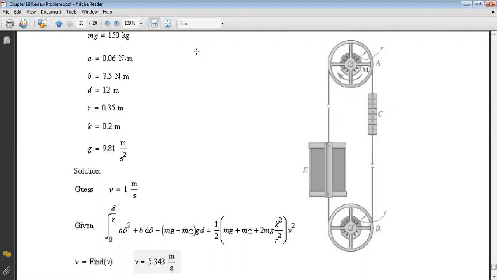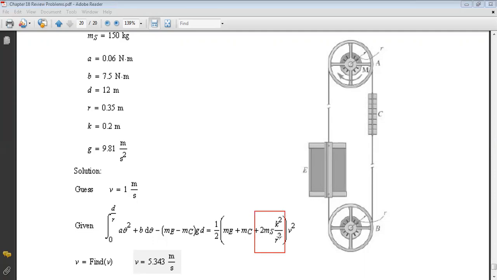Because what is v square over r square? It's omega square. So you have 2 times the mass of the pulleys, which are spinning, times k, the radius of gyration square, times omega square. It's like I omega square, because what is I of each pulley? It's ms k square, and you multiply by 2 because you have 2.